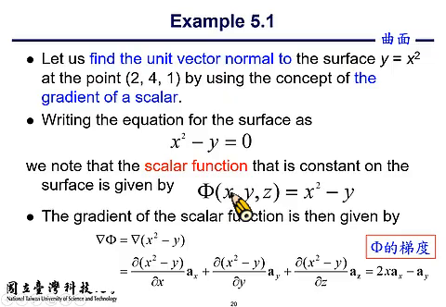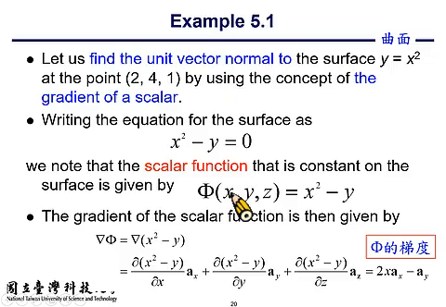You're taking the partial derivative in the x component, y component, and z component respectively, and the result is 2x ax minus ay. So now here you have a vector. And also this vector is dependent on position.